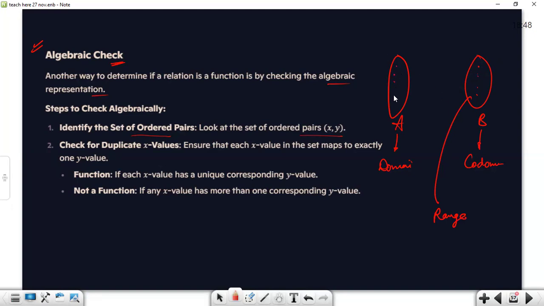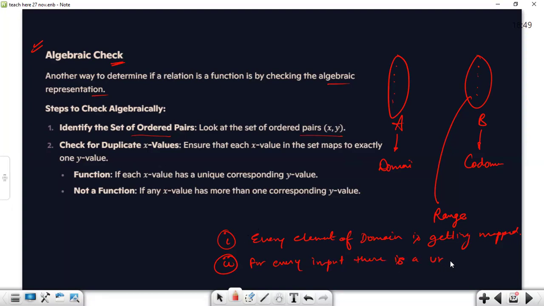Now, what you have to check is that every element of the domain is getting mapped. And for every input, there is a unique output.